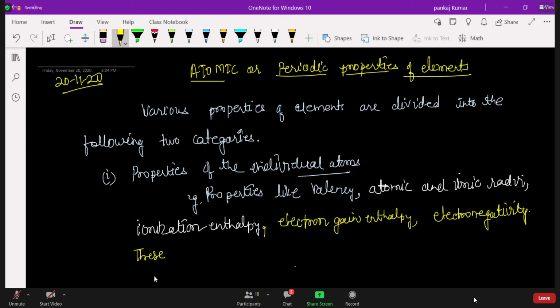Here temperature is compulsorily constant; pressure may or may not be constant. The process where temperature must be constant is called an isothermal process.